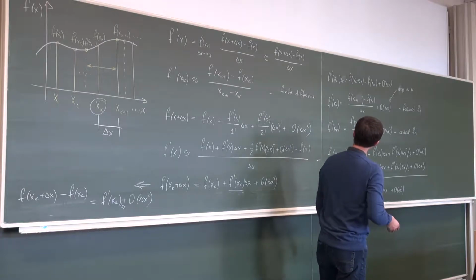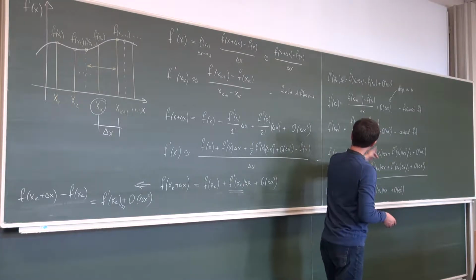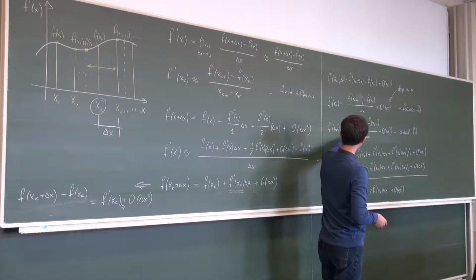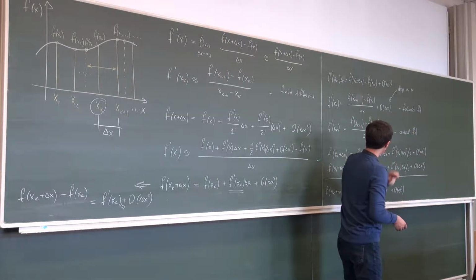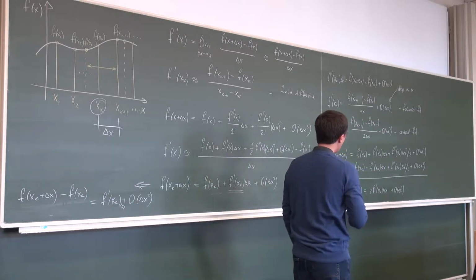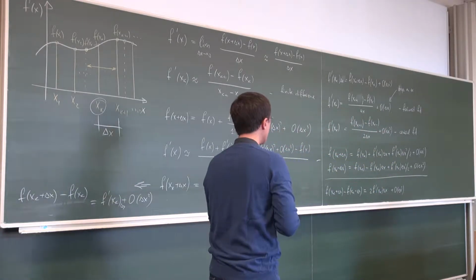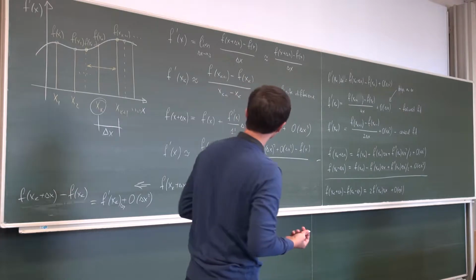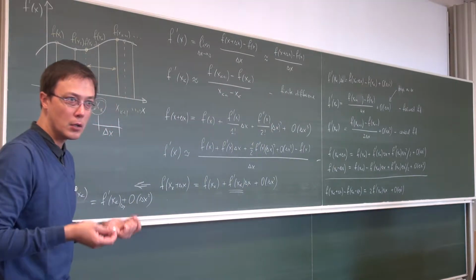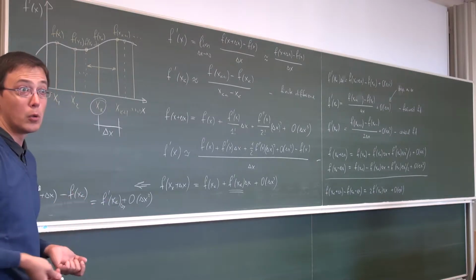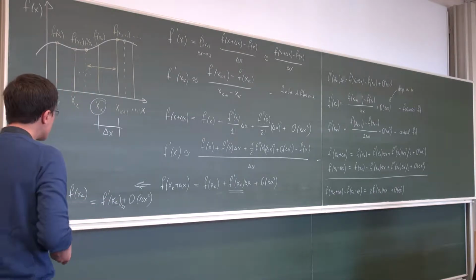But in order to get them, you need to engage the points which are further forward, so xk plus 2, and further backward, xk minus 2. So these are more complicated, but they are also more accurate. And this is how numerical differentiation happens in all modern computers and all modern numerical calculations.